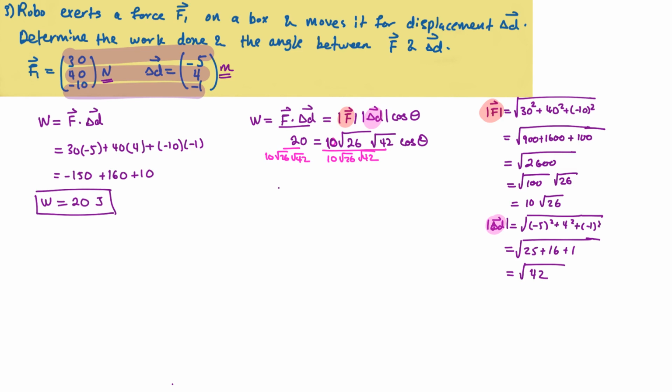And by doing this, we get that cosine of theta is equal to 0.0605. The number continues. I will use the exact value on my calculator, but I will just write it to 3 significant figures here. Theta is going to be the inverse cosine of that value, and when we do that, we get 86.5 degrees as our final answer, and that is the angle between the two vectors, the force and the displacement vector.